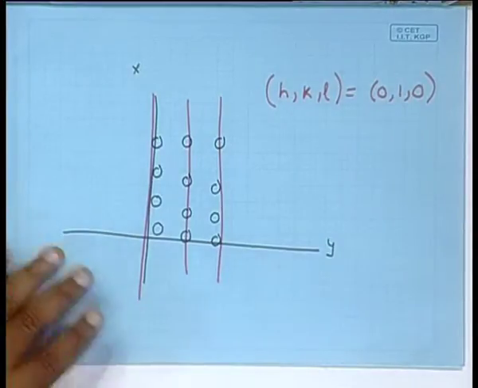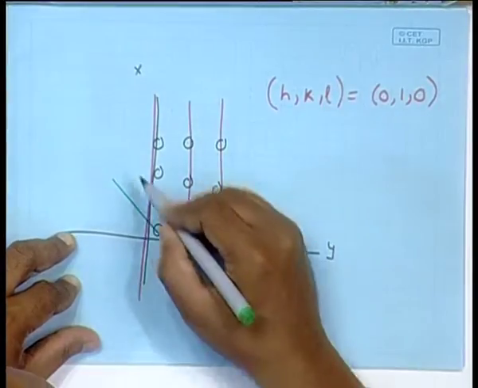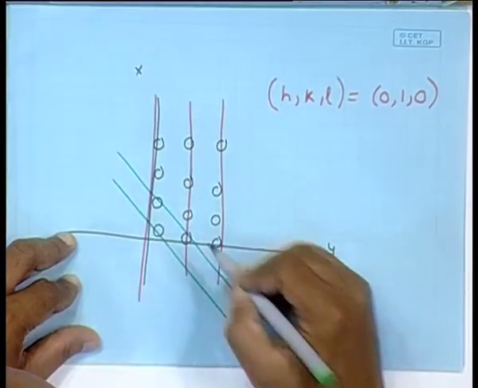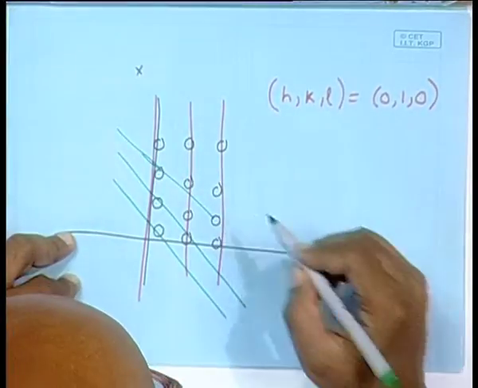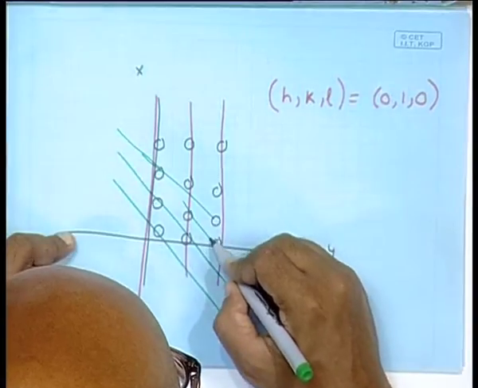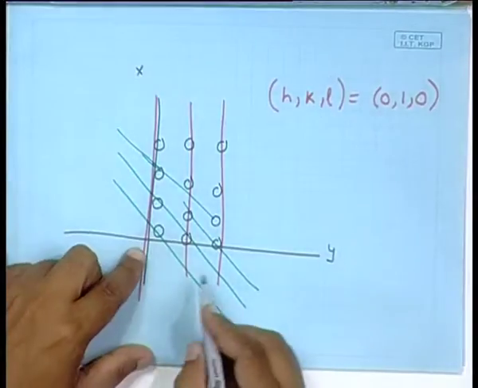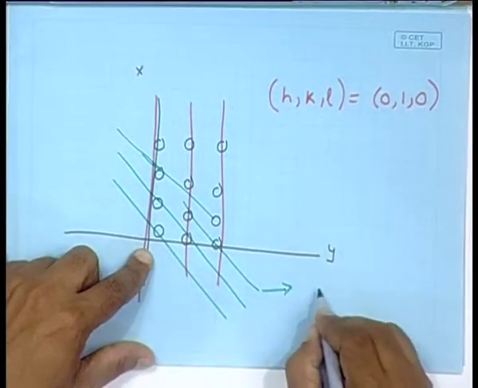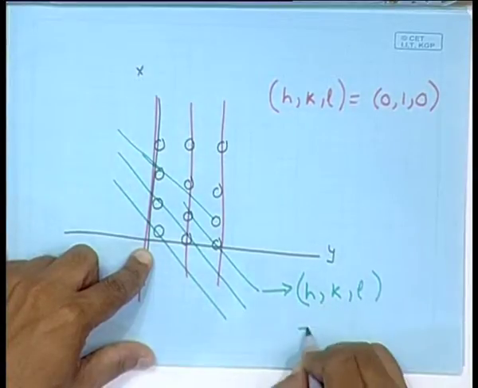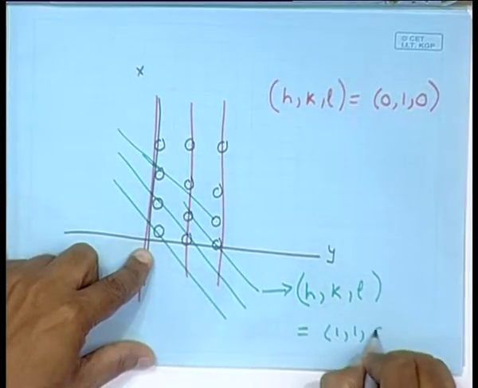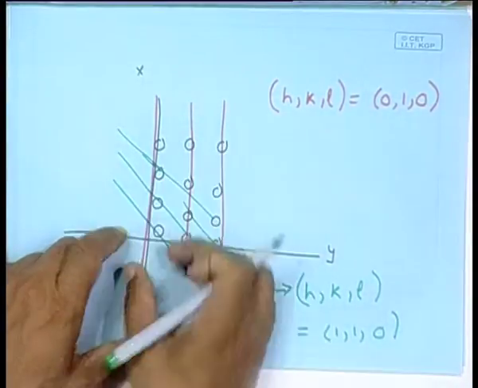Again, I could have another set of planes which are like this. And these, the green ones, have h, k, l values 1, 1 and 0, because they intersect both the x axis and the y axis, and this spacing is 1, this spacing is also 1.